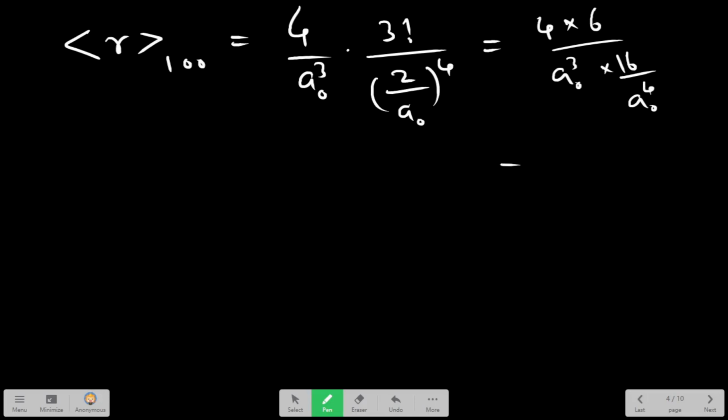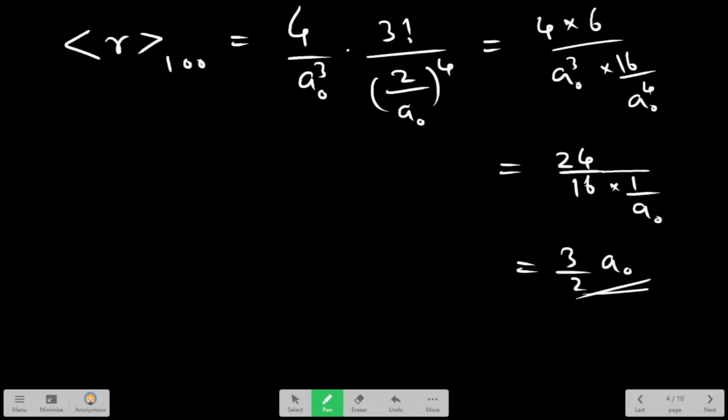This is equal to 24 by 16 times 1 by A naught, which is equal to 3 by 2 A naught. This is the expectation value of the radial coordinate in the ground state of hydrogen.